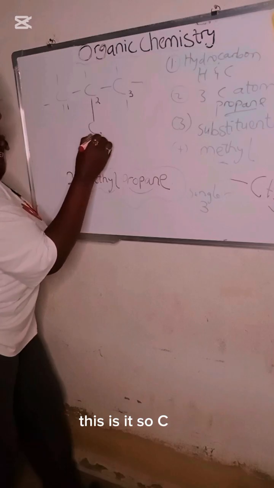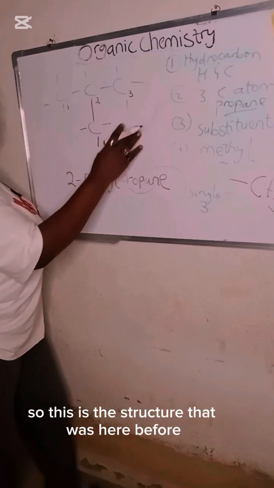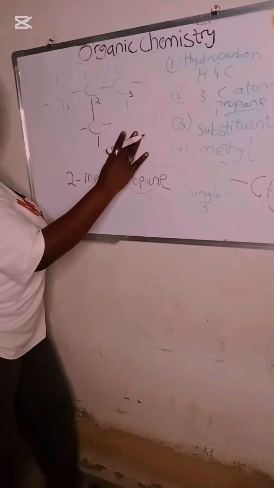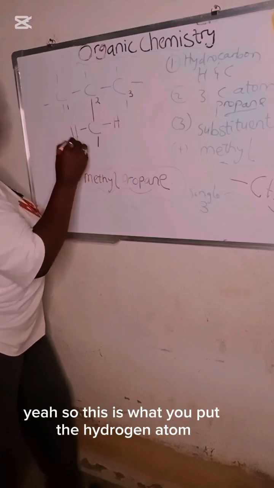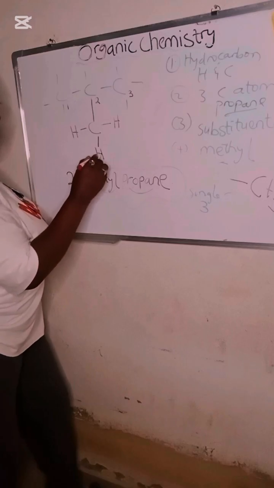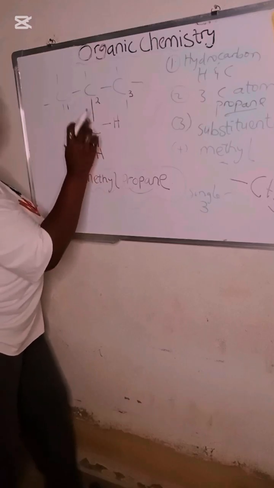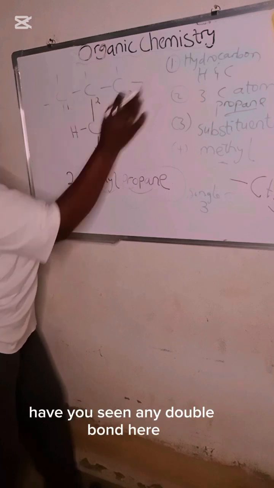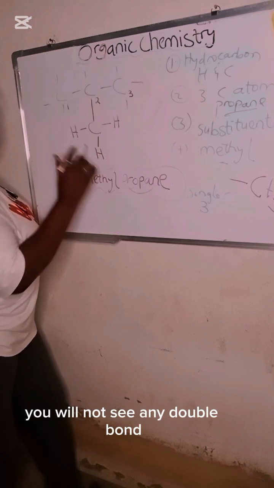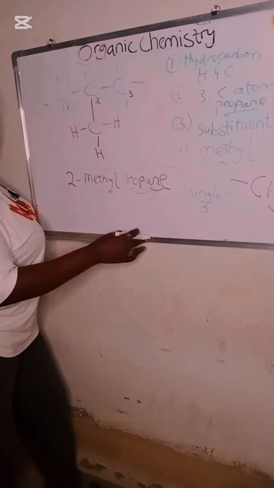So this is the structure that was here before. So this is where you put a hydrogen atom. 3 hydrogen atoms. This is a bond, carbon to carbon. Have you seen any double bond here? You will not see any double bond because the name is what? Alkane.